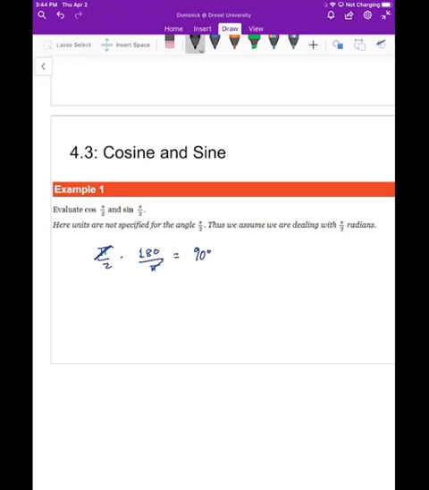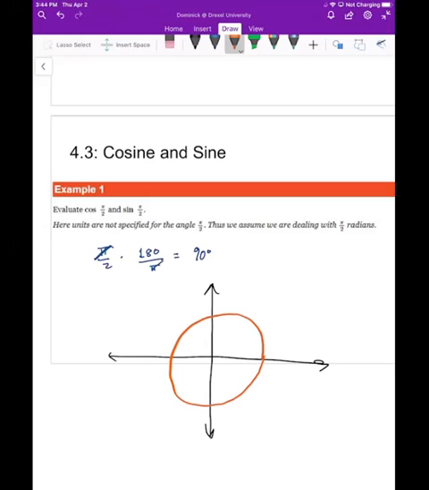Okay, so this corresponds to 90 degrees. So if we look at our unit circle, we know that 90 degrees is up here. All right, so we're looking at this coordinate right here.